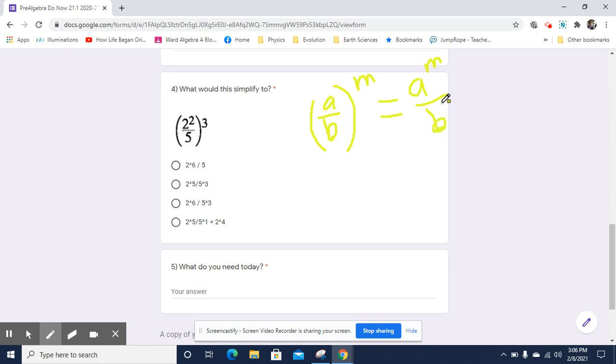That's the same thing. So let's see which one of these seems to fit that. So if I've got that 2 to the 2nd to the 3rd, we could write this like this. I'll use a different color. So we've got 2 to the 2nd over 5 to the 3rd power is going to equal 2 to the 2nd to the 3rd.